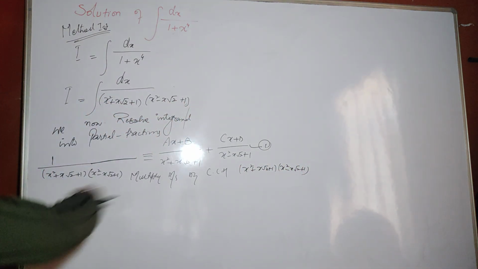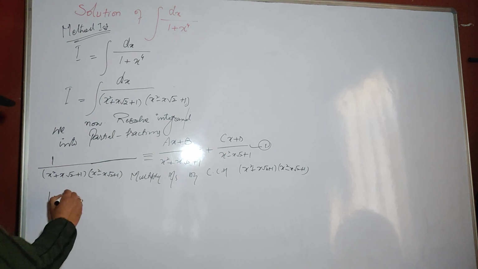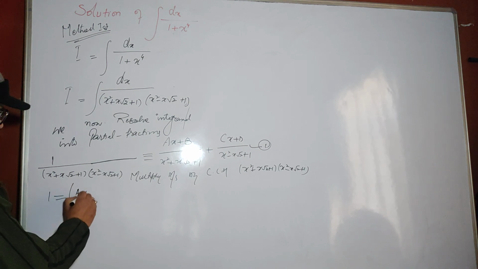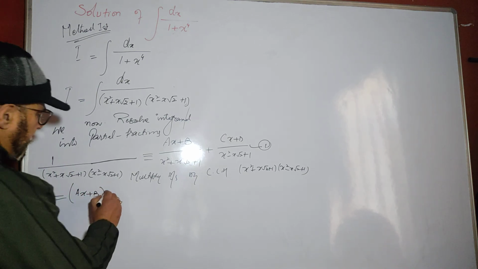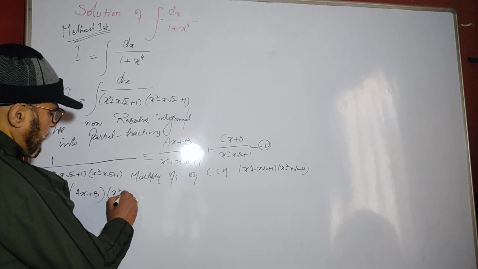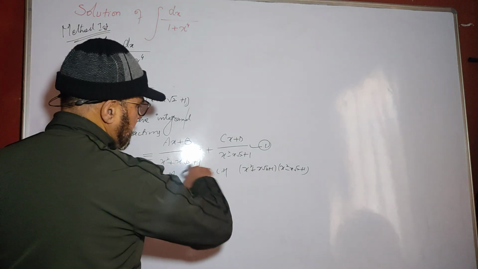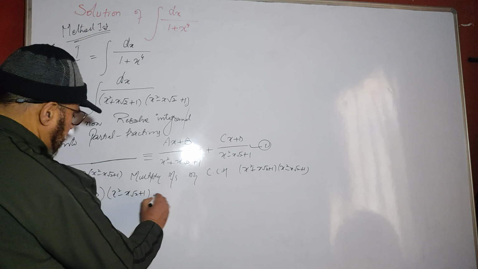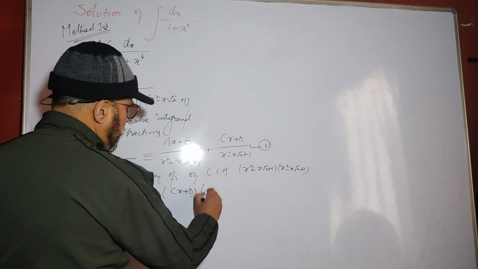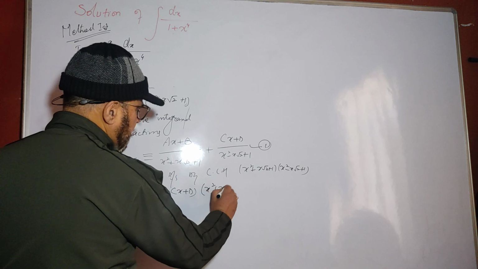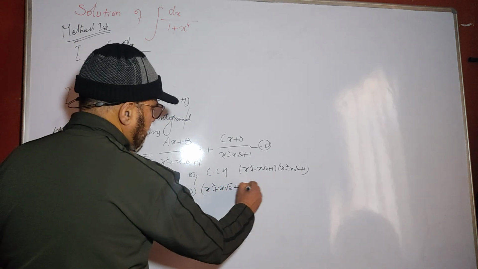We multiply both sides by this, so we get 1 is equal to ax plus b times x square minus x root 2 plus 1, when we multiply and this gets cancelled, then plus cx plus d into x square plus x root 2 plus 1. Let this be equation number 2.